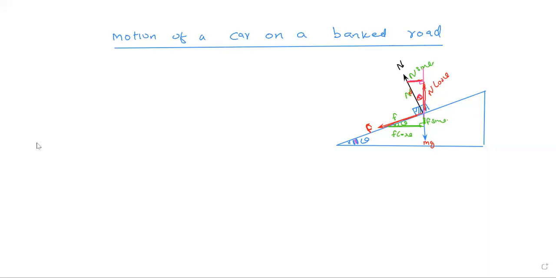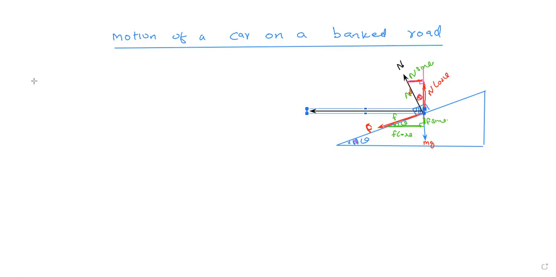So one component of normal reaction is N sin theta, and F cos theta. F cos theta helps to produce the centripetal force. So where is the centripetal force? From here, this is the centripetal force.